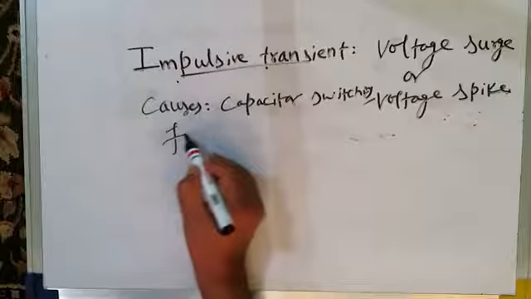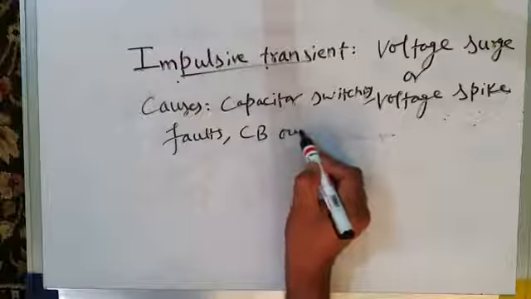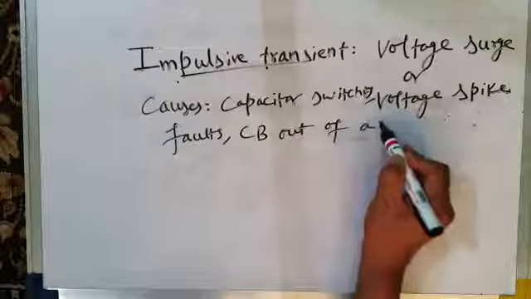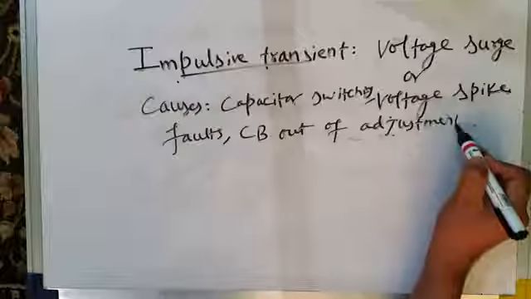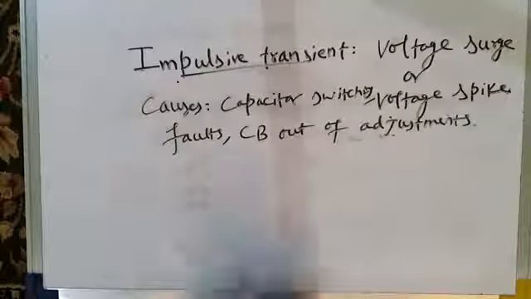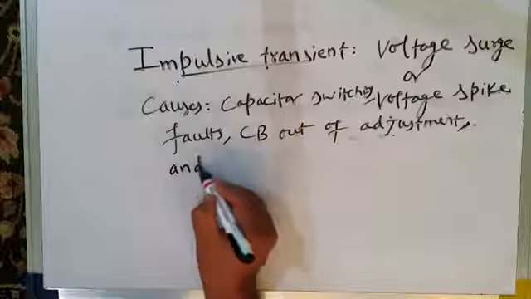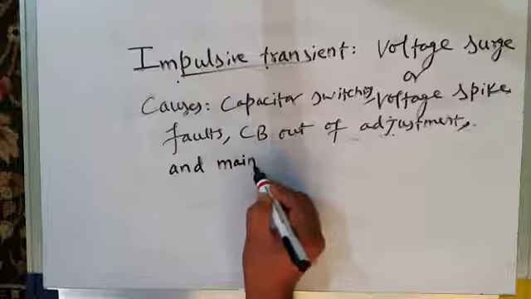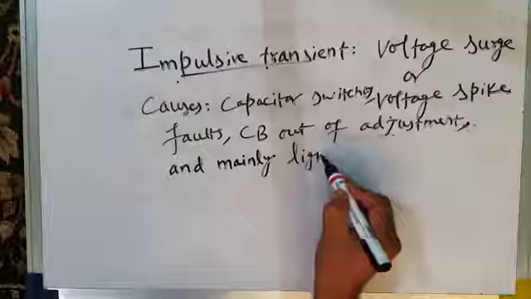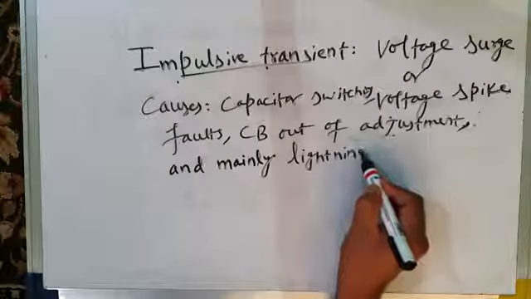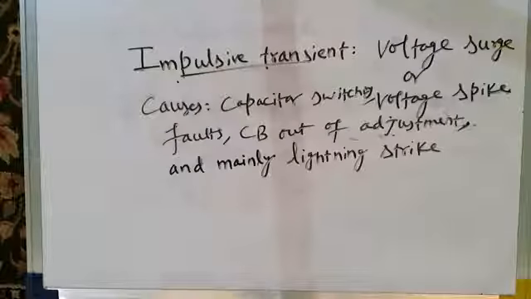And faults, circuit breaker out of adjustment. If a circuit breaker is out of adjustment, that will also result in certain changes in the voltage, that is an impulsive transient. And the main cause of impulsive transient is lightning strike. Lightning strike is the main cause of impulsive transient.